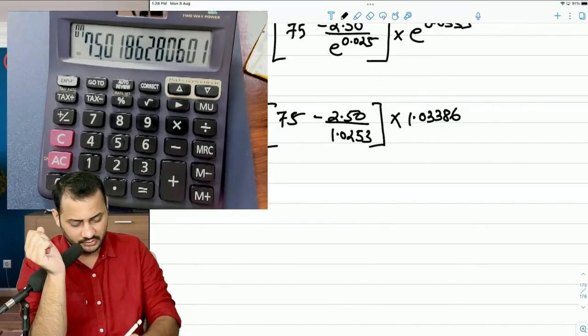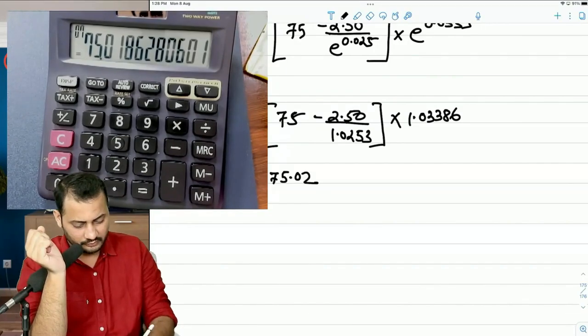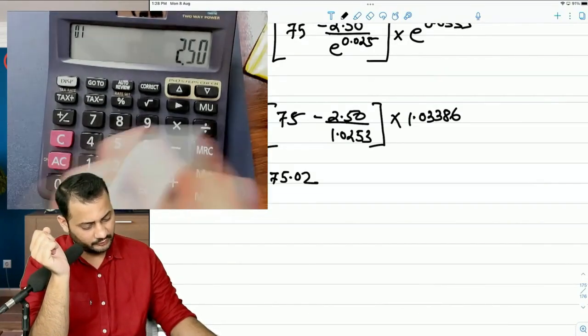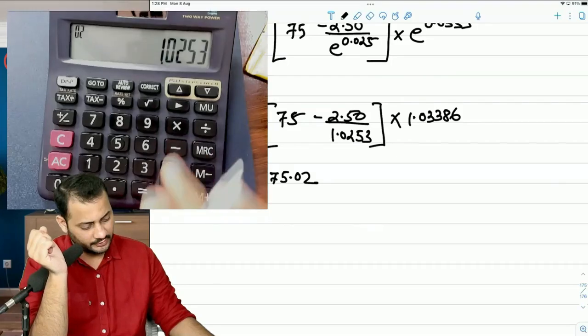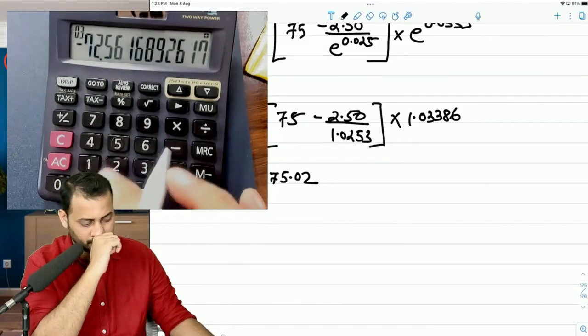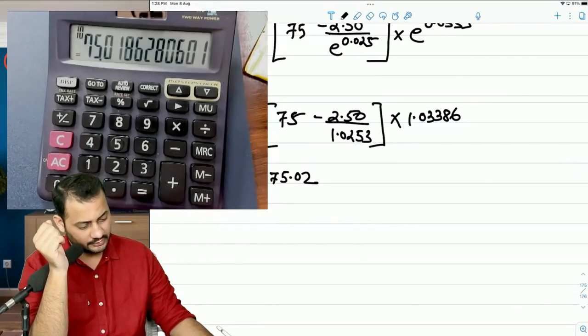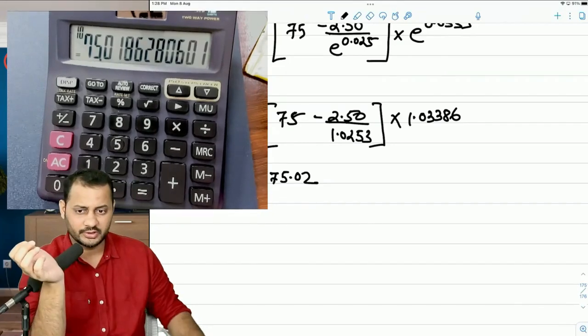So this is your answer, 75.02. Let me just check it once again. 2.50 divided by 1.0253, minus 75, plus minus, 72.56, into 1.03386. So it comes to 75.02 itself.